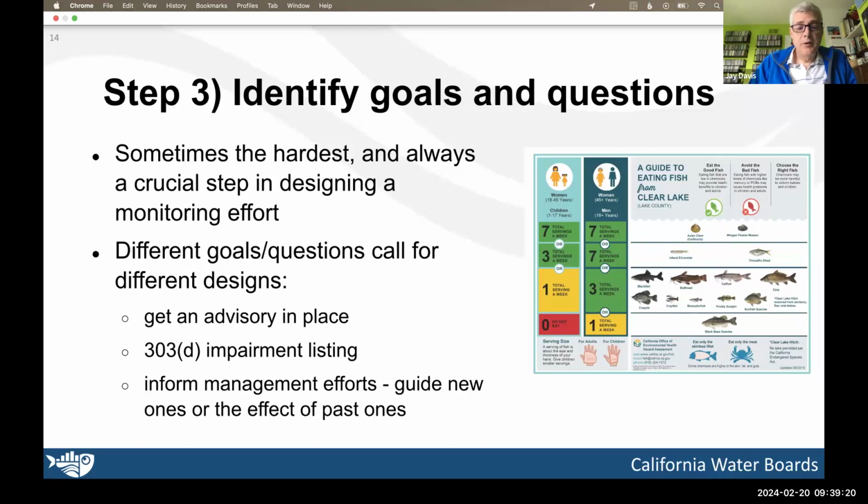Another common goal in our statewide monitoring is to support water quality regulation, a key step in which is determining whether a water body is impaired or not. If the water quality objectives for the water body are exceeded, that leads to the designation of a water body as being impaired by whatever contaminant is exceeding the objective.